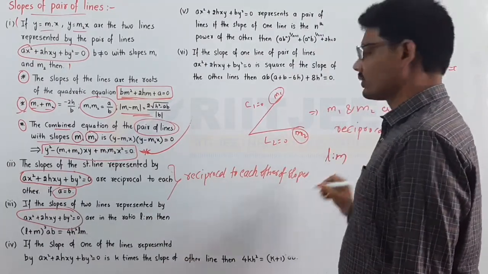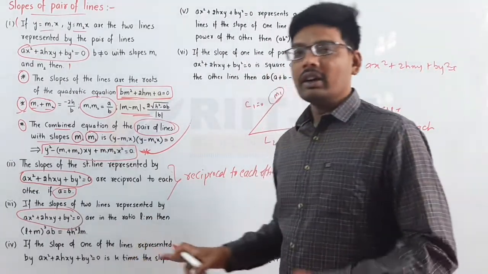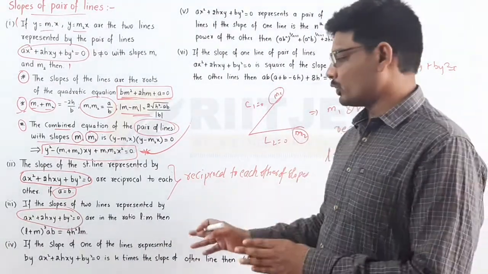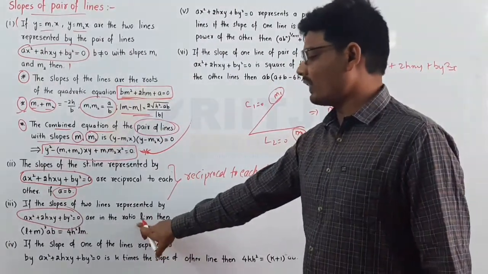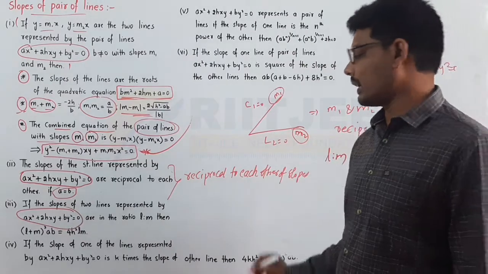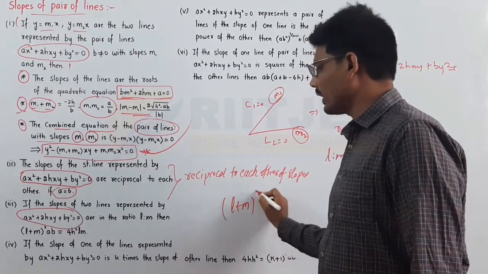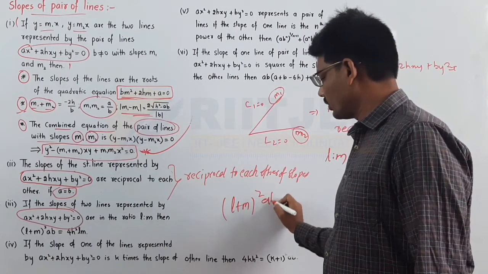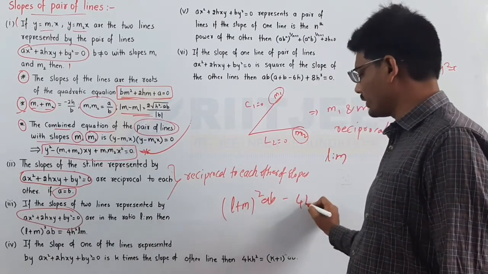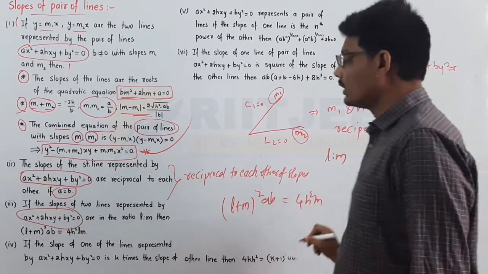If the slopes of lines L1 and L2 are in the ratio of L is to m, then the condition will become L plus m whole square into ab is equal to 4h square m.